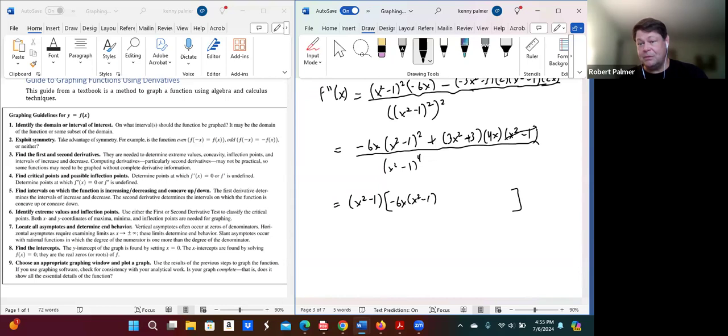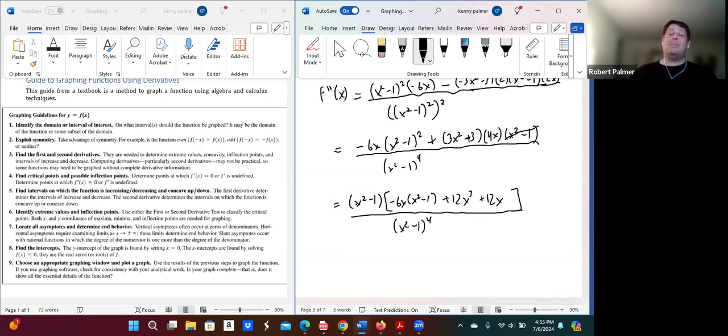This is now gone. And then let's distribute this. So I have plus 3x squared times 4x is 12x cubed, and then plus 12x. And then I have x squared minus 1 to the fourth. Hopefully you can see I can actually cancel out one of these. It's going to make that a 3, so that makes things a little bit simpler.